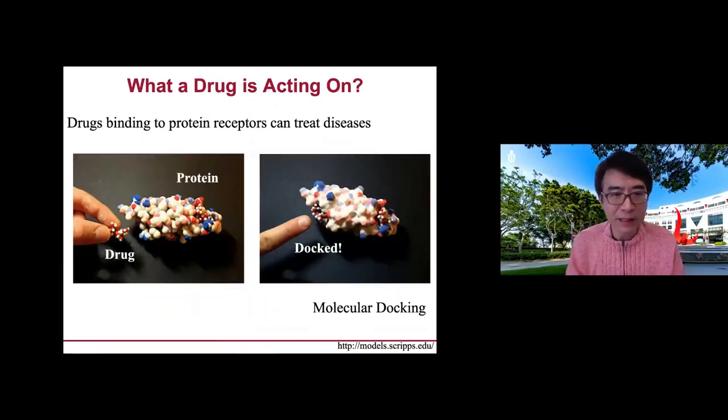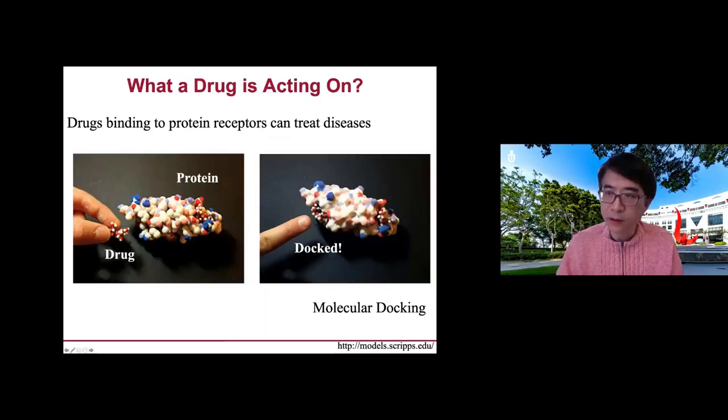Playing with Legos is like matching the shape. In this particular case, the three-dimensional shape of the molecular compound, this drug, has a particular shape that will match the three-dimensional shape of the protein binding pocket, right? So this drug will bind to the protein by matching the shape.